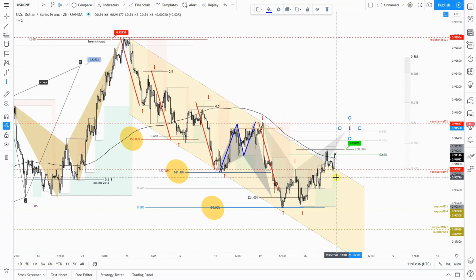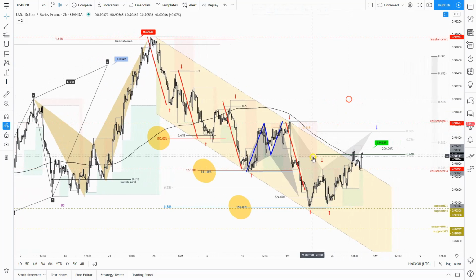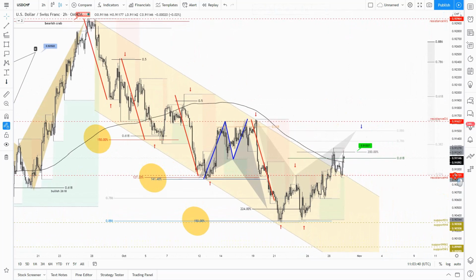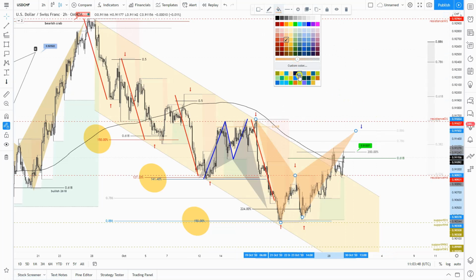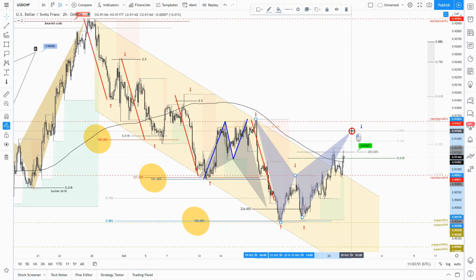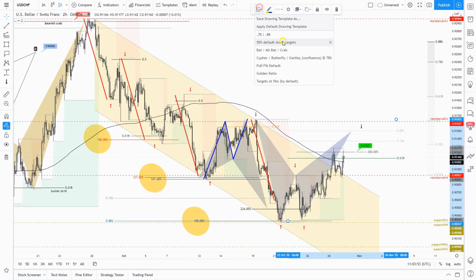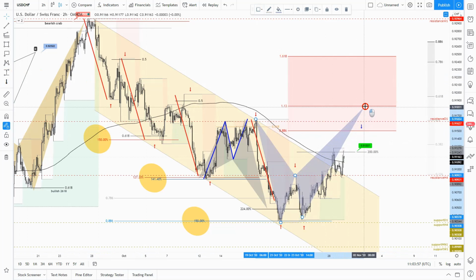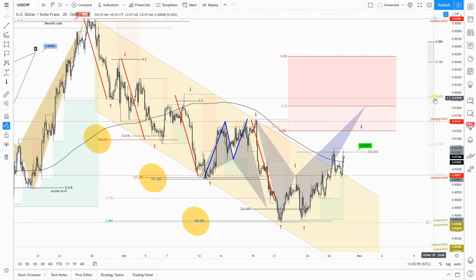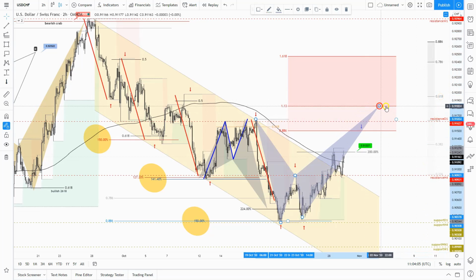The 88% Fibonacci retracement level, so this is a minor or an internal bearish bat pattern. Everything can happen from here. I can see the price respecting the pattern. I can see the price breaking above, using the 113% Fibonacci extension, very close to the golden Fibonacci major retracement level that will print the alt bat pattern there.